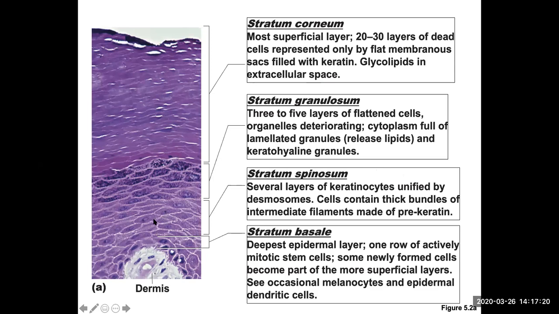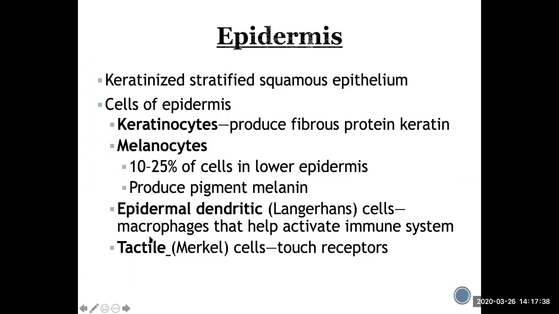Everything that we're looking at here in purple in this picture is all the epidermis, okay? The dermis is this white part down here. So in this particular picture, we are looking at all the different layers of the epidermis. I'm going to go back real quick.